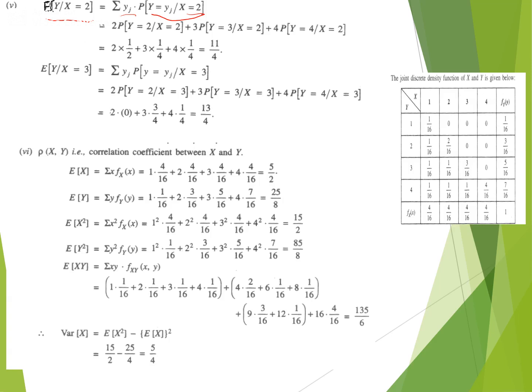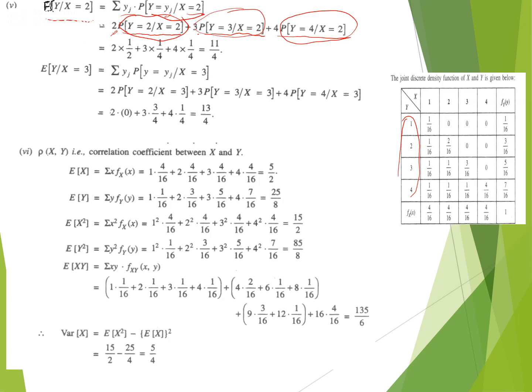Now where j varies 1 to 4, so we write 2, that is y2, because when we find the probability y equal to y1 given x equal to 2 it is 0, that's why we start with 2 into probability y is equal to 2 given that x equal to 2 plus 3 into probability y equal to 3 given that x equal to 2 plus 4 into probability y equal to 4 given that x equal to 2, and this can be found by the conditional probability which is previously defined.